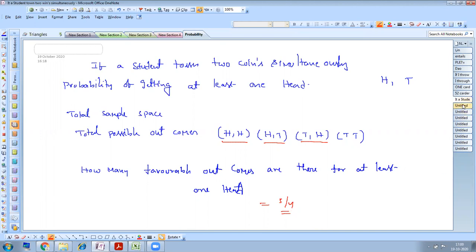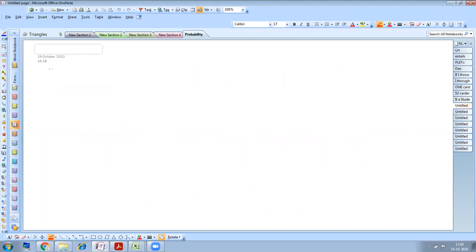Can you write the sample space if a person throws two dice? Two dice. What is the sample space? How many events can occur in the sample space?